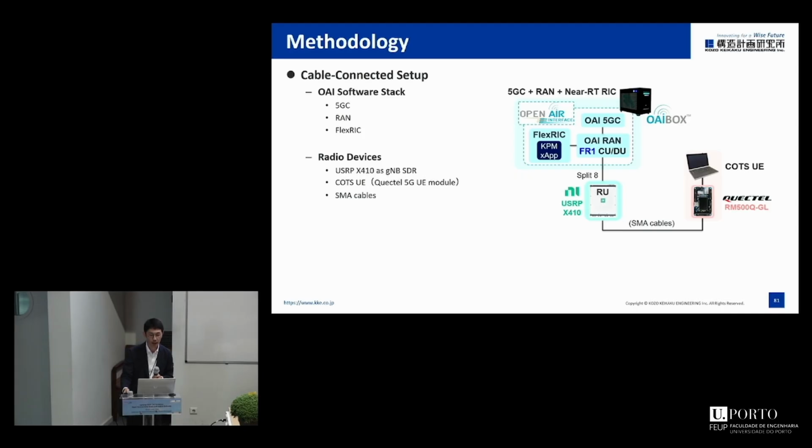So now I will explain our methodology. We start from a cable-connected OAI setup. A USRP-based gNodeB is directly connected to a commercial Quectel UE. So we can test 5G signals without radiating RF.